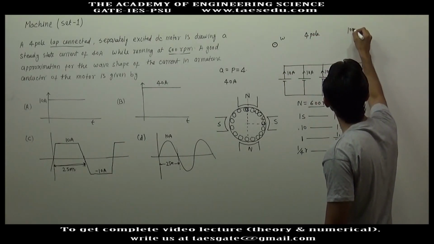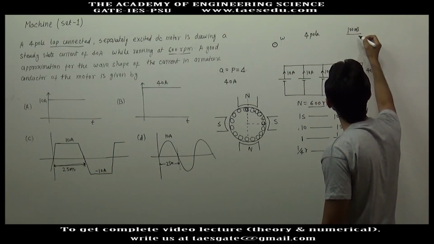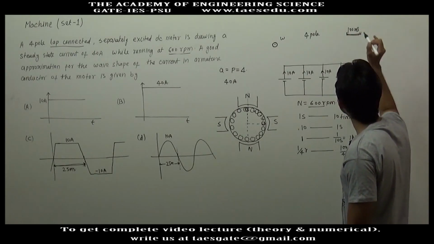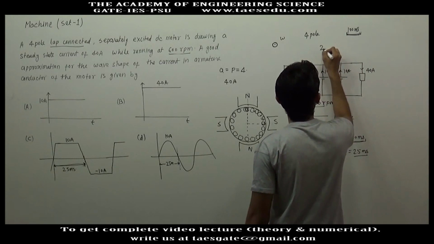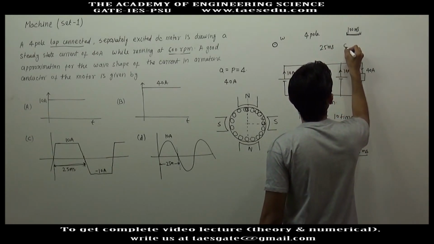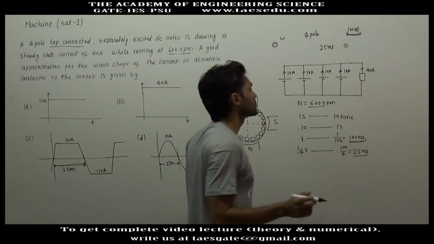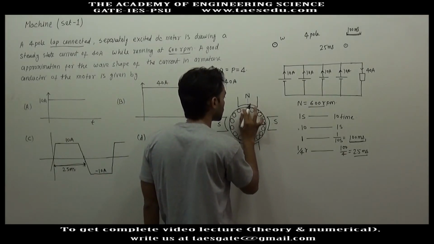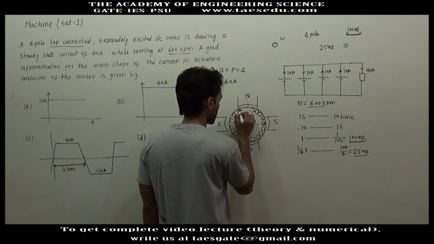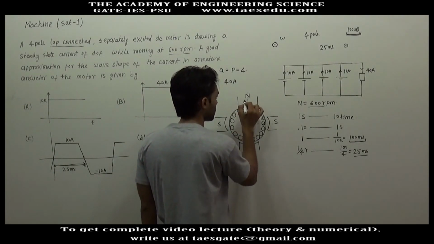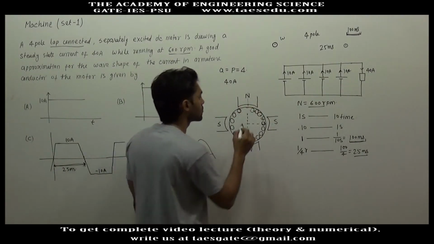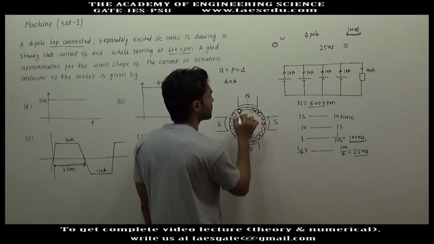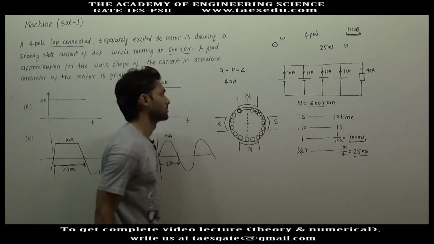It takes 100 millisecond in one complete rotation to touch all the poles. So we can say that for 25 millisecond a conductor will be in the influence of a single pole. Let's say this is the conductor and it is in the influence of north pole. So for 25 millisecond this conductor will be in the influence of this north pole only.